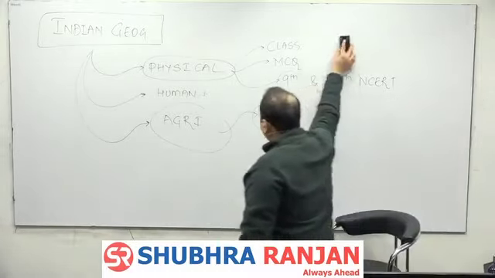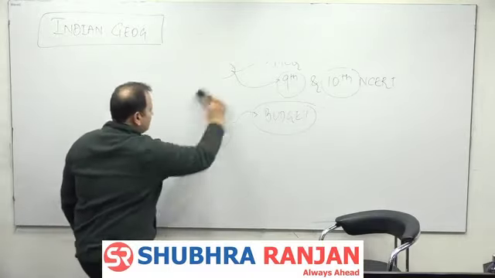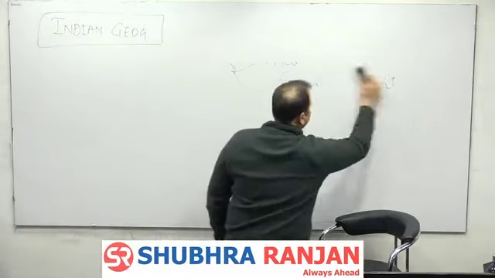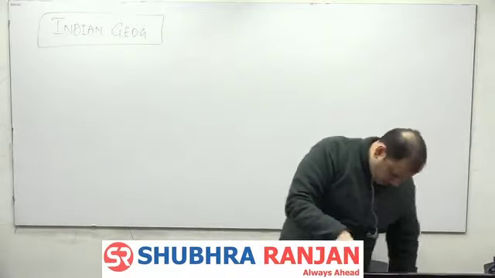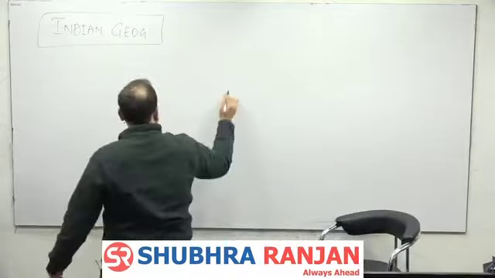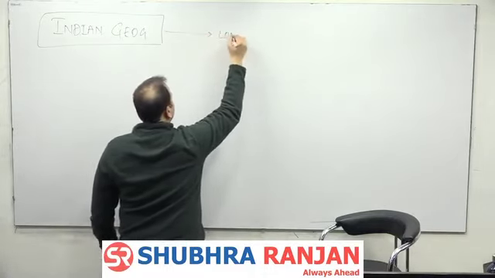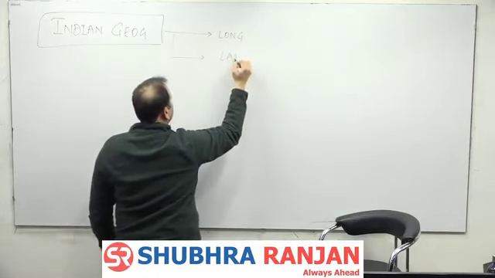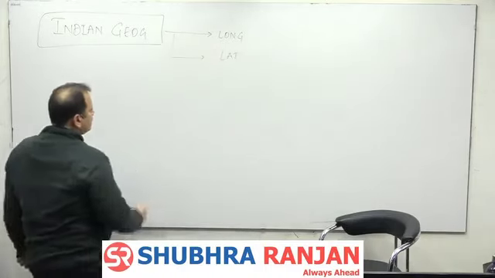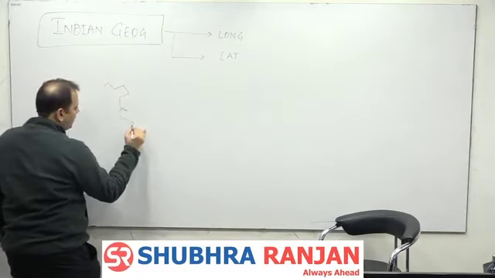So first we will have a basic idea of the physical geography of India, that is the spatial analysis of India. So when we consider the space of India, can you tell me the longitudinal and the latitudinal extent of India? So what is the longitudinal aspect of mainland India?